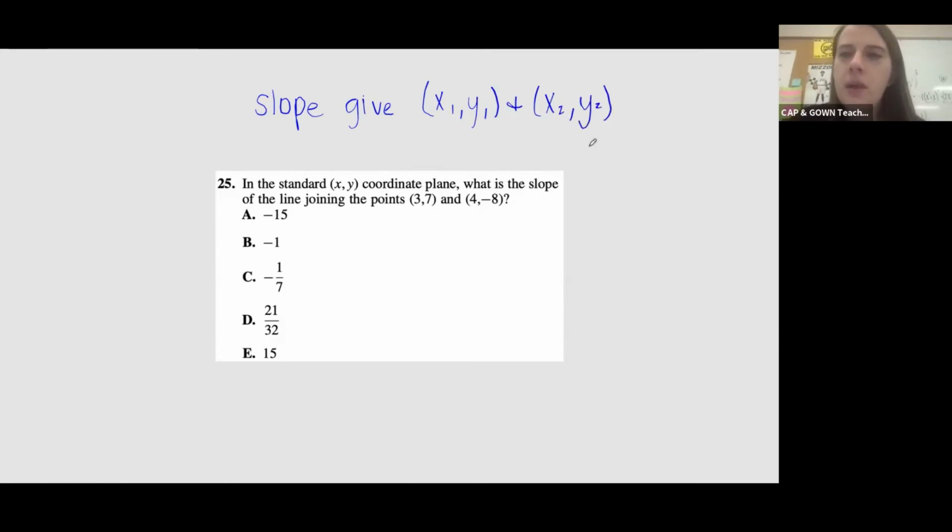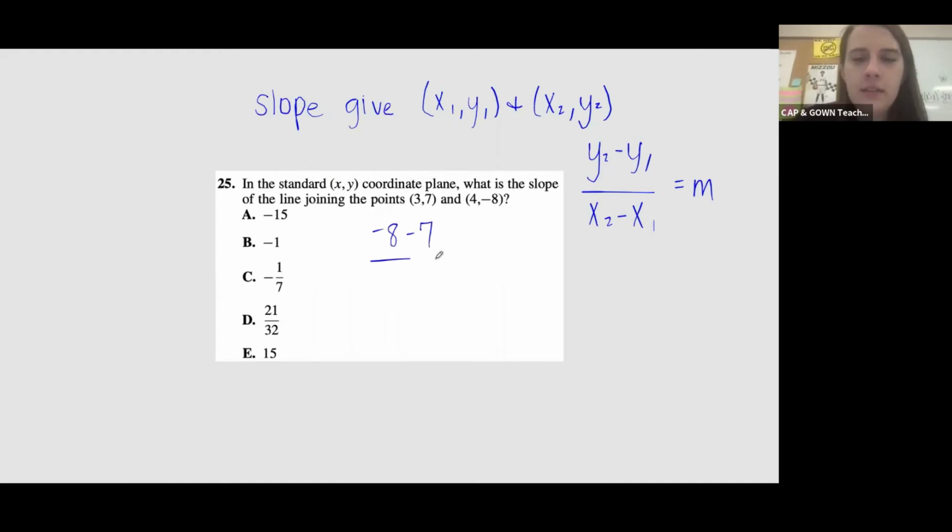To find the slope, we subtract y2 minus y1 over x2 minus x1. Sometimes it's even labeled with an M for slope. So plugging in that information, we're going to use -8 minus 7 divided by 4 minus 3.